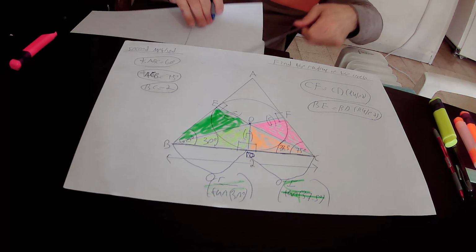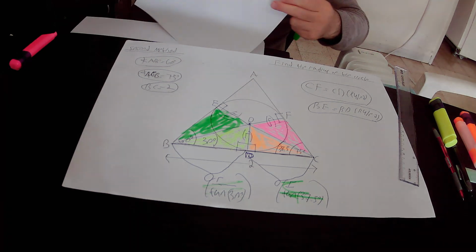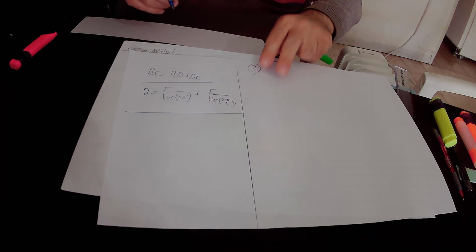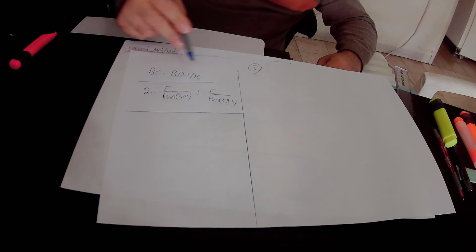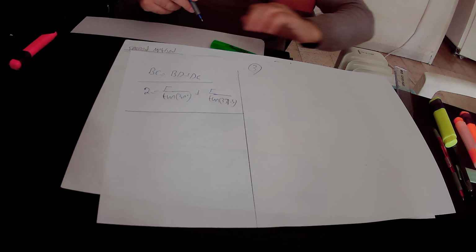So in conclusion, we found out that 2 equals R over tangent 30 degrees plus R over tangent 37.5 degrees.